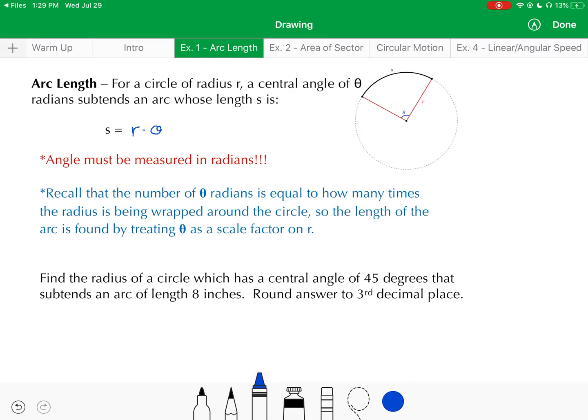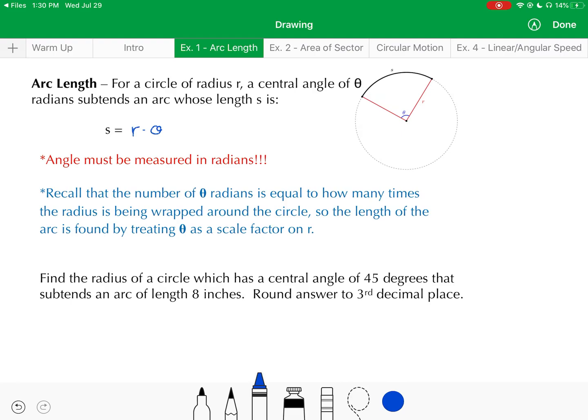Okay, so then the length of that arc is simply just found by treating theta in radians as a scale factor on r, right? You just take your radius, you multiply it by how many times it's being wrapped around the edge of the circle to create that arc. That gives you your length, okay?